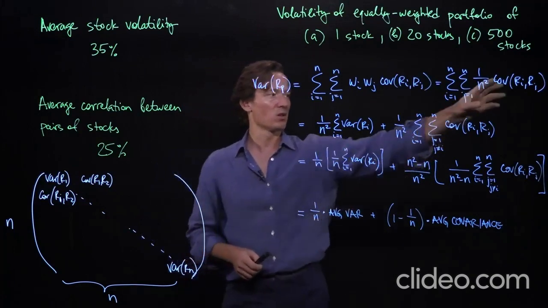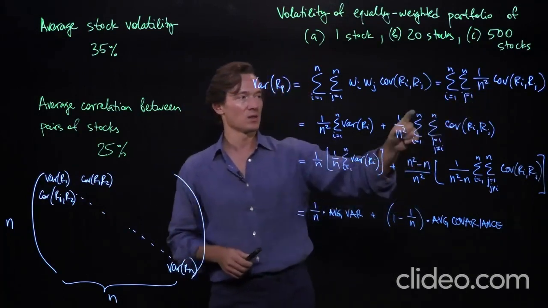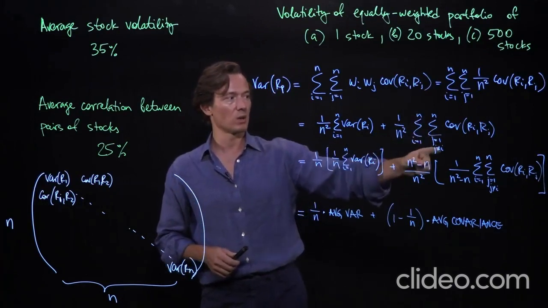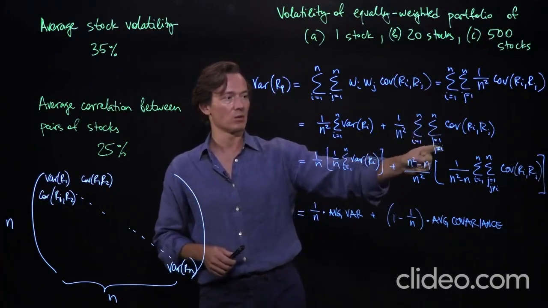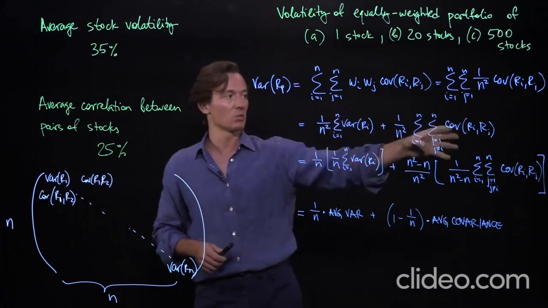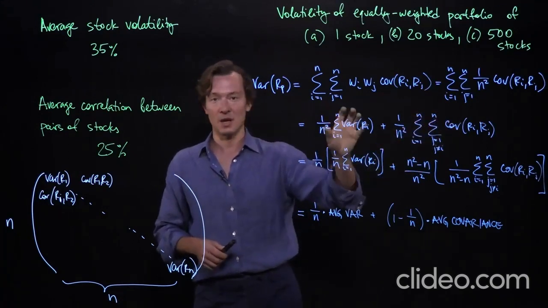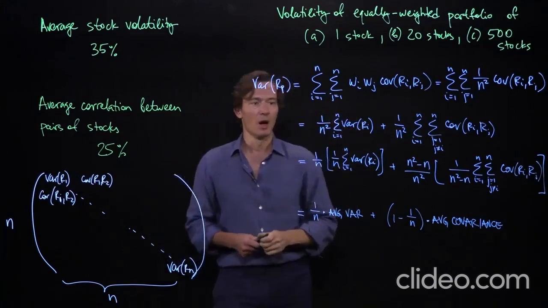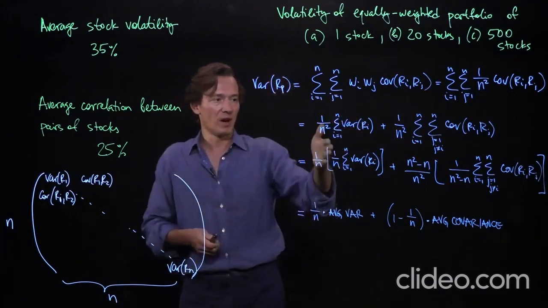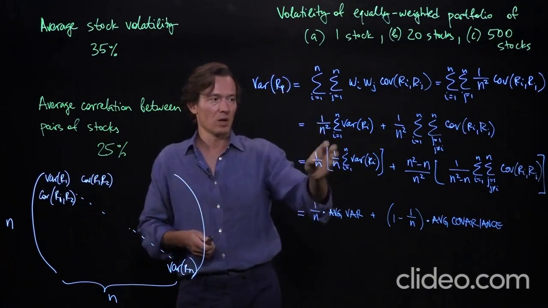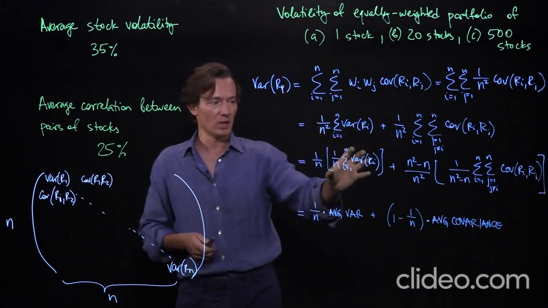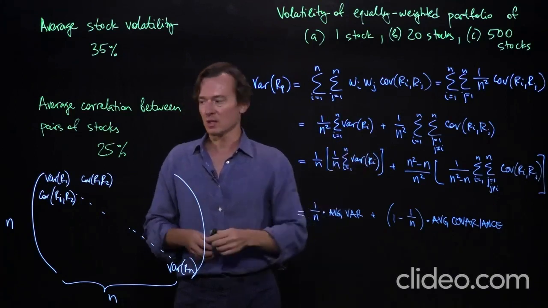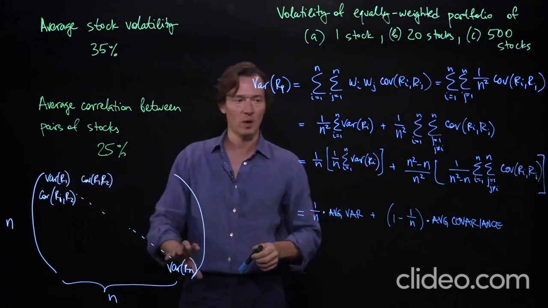So notice that in this covariance term, I'm saying that this is the first summation from i to n, and then the second summation from j to n, but j should not equal i, because these would be the variance terms that I separated into the first sum. So now, what I'm going to do further is factor out 1 over n first, and then what's remaining here is 1 over n times the sum of the variances of all stocks from 1 to n.